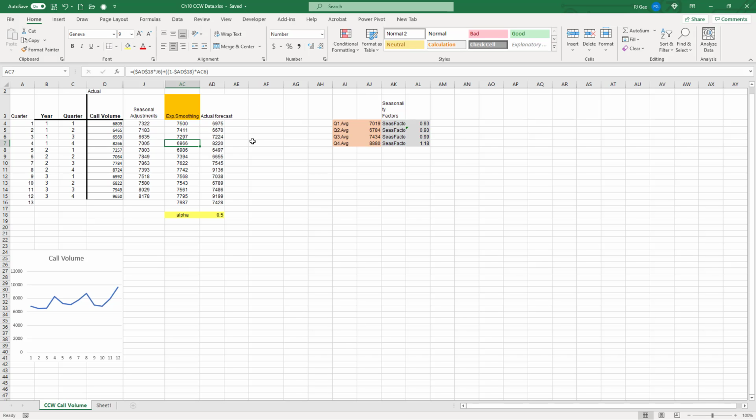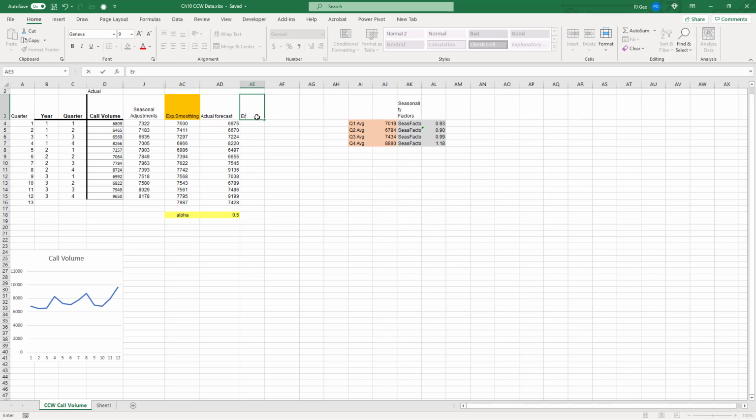So there we have the actual forecast, and then we can go through our MAD. Let's see what happens here. This is the error, the absolute value of the error, equal to the seasonally adjusted minus the forecast. We need the absolute value of that.